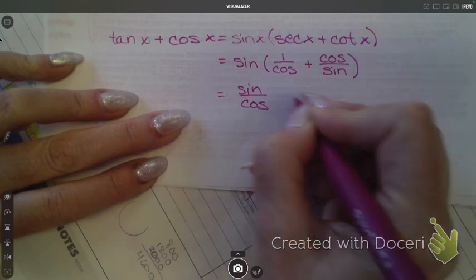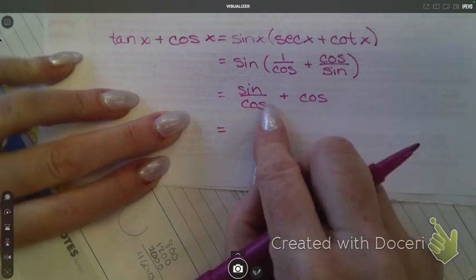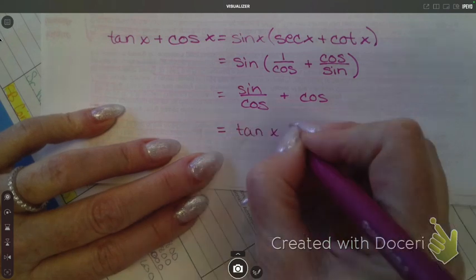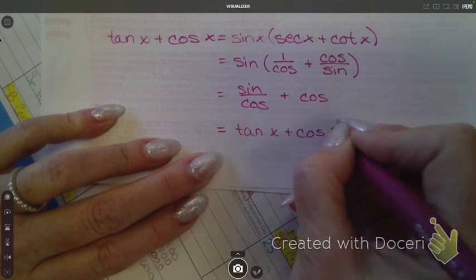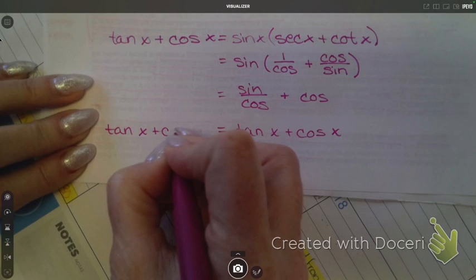So my final step is to make sine over cosine what? Tangent. And you must write both sides down and your box. Yep.